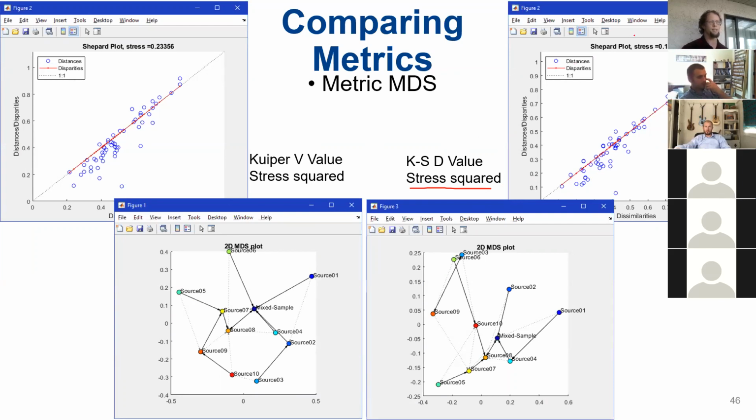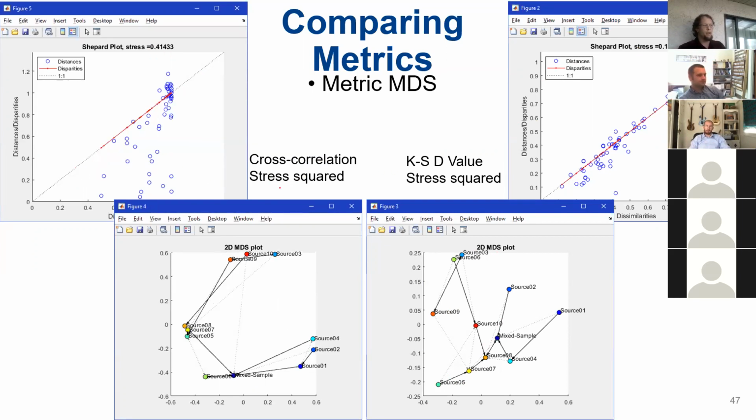There's our Shepard plot for this, stress of 0.17, 0.18. Same data set, same stress, Kuiper v-value gives you a stress of 0.23.